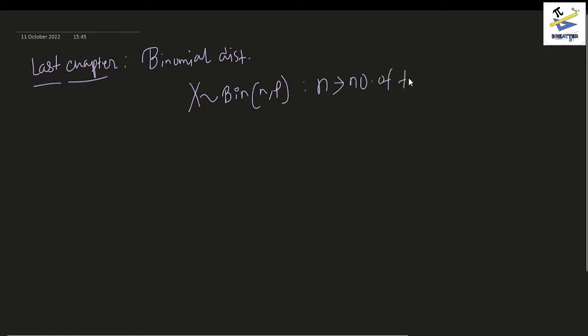So I'll just give a quick review. Binomial distribution looks like this. A random variable x following binomial distribution would be called as x following Bin(n, p), where n and p are the parameters of the binomial distribution. n is the number of trials, while p is the probability of success.